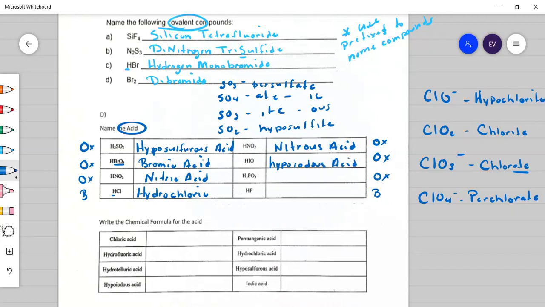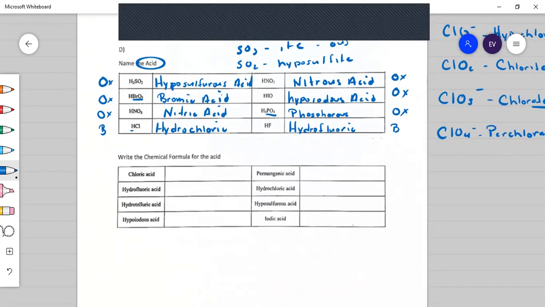This polyatomic ion is phosphite, so this is phosphorous acid. And then binary acid again, so this gets the hydro prefix, hydrofluoric acid.